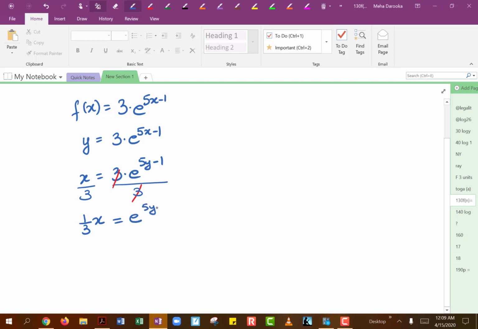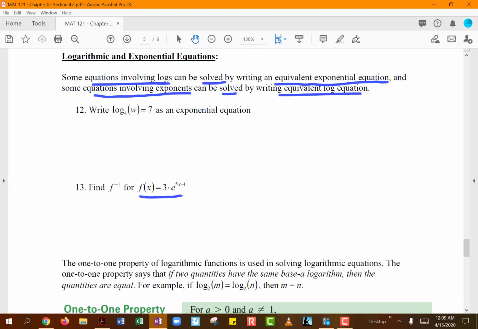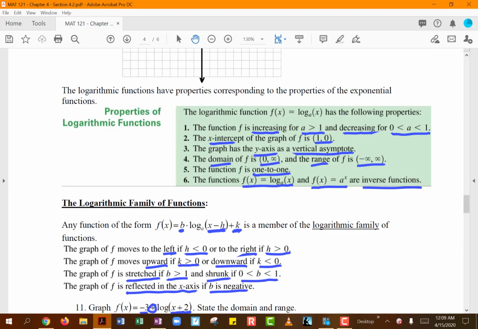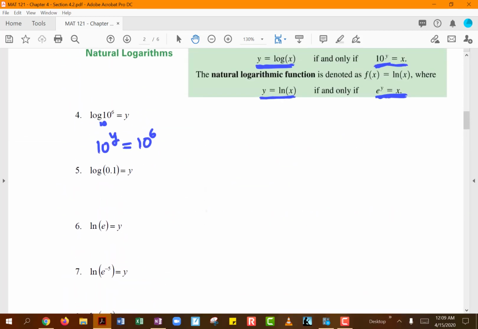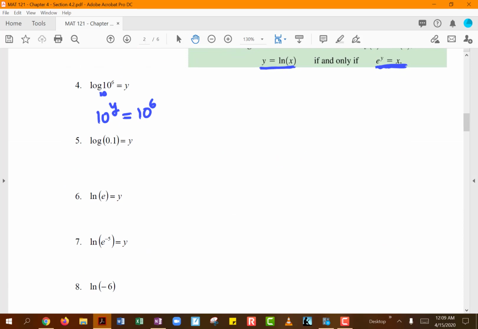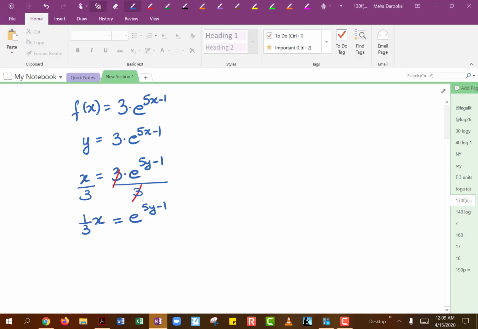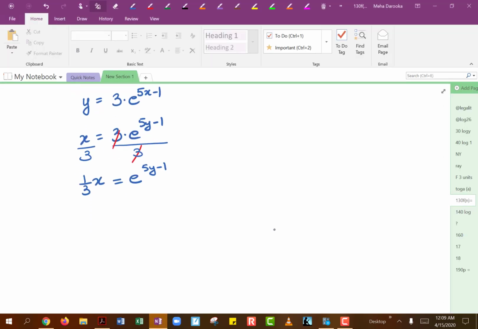Now, if you remember, when we were doing these examples here, I had talked about how when your base and the base inside your parentheses are the same, the answer is always going to equal the exponent. So kind of like what we did in number 4, what we did in number 7, you can look at those examples. So what we're actually going to do here, to simplify that right hand side, is take a natural log on both sides of our equation.